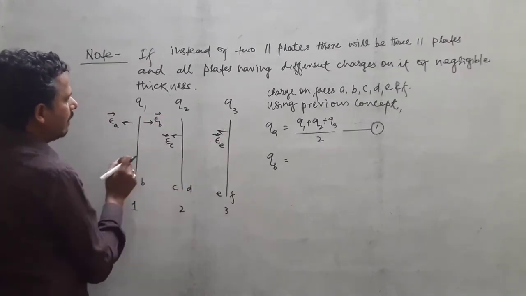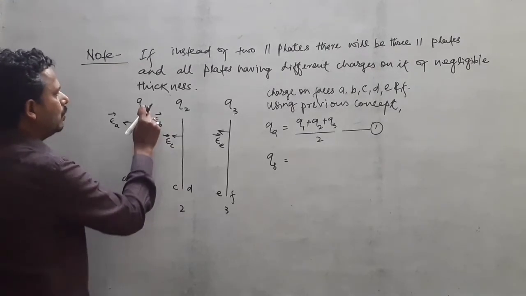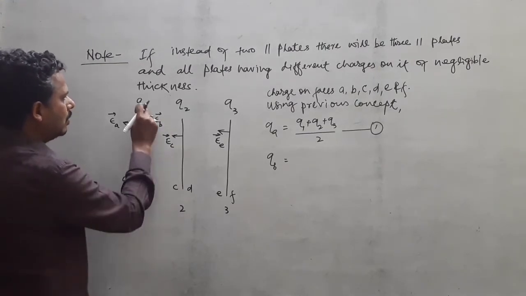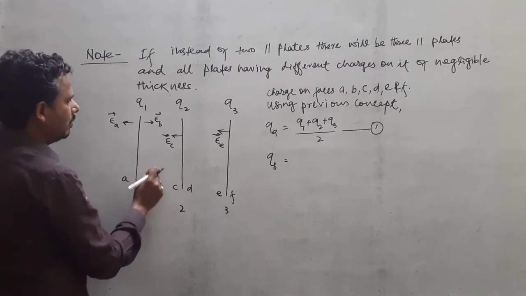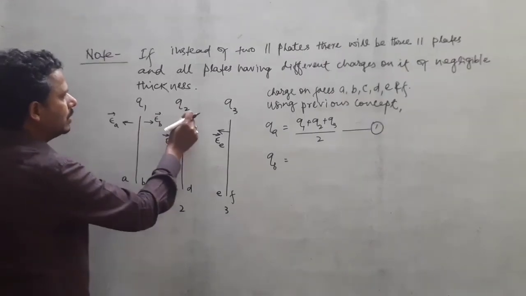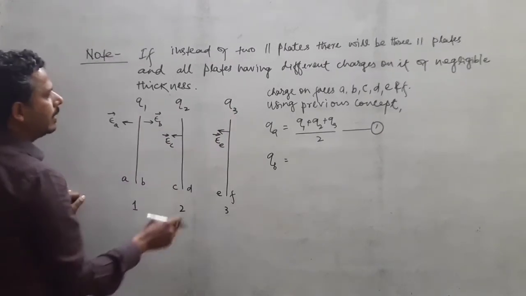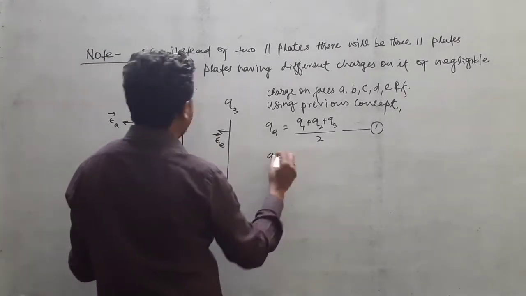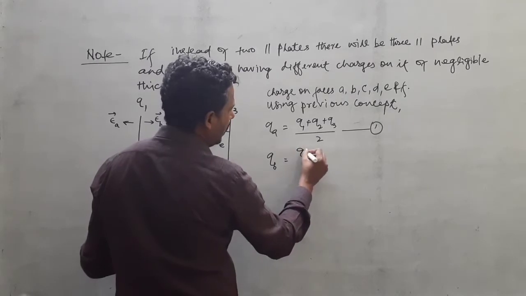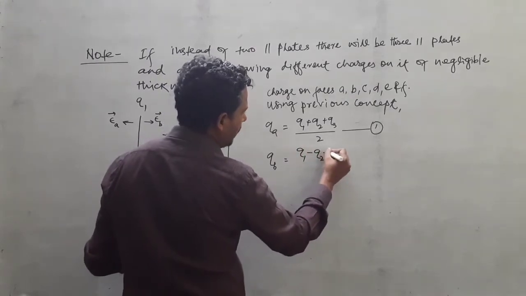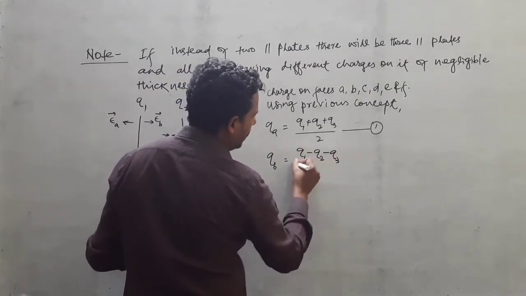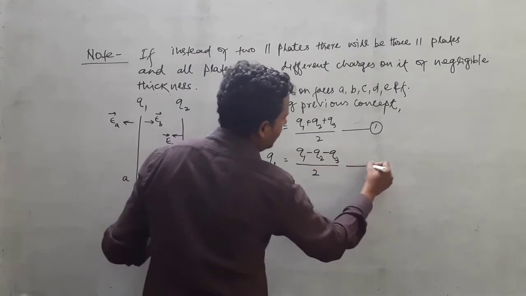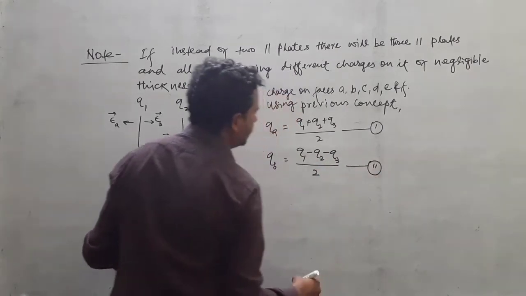So what happens? Q1 by 2 will be positive, whereas Q2 by 2 and Q3 by 2 will be negative. Therefore your QB will be directly Q1 minus Q2 minus Q3 divided by 2. This is your second equation.